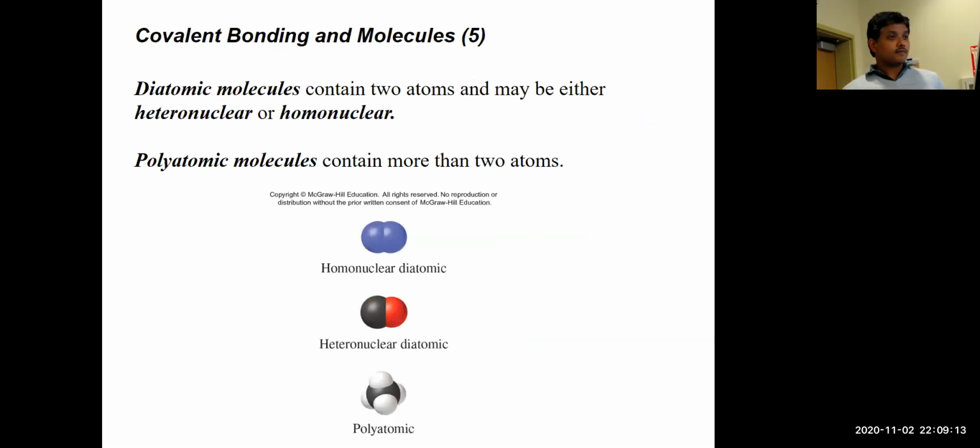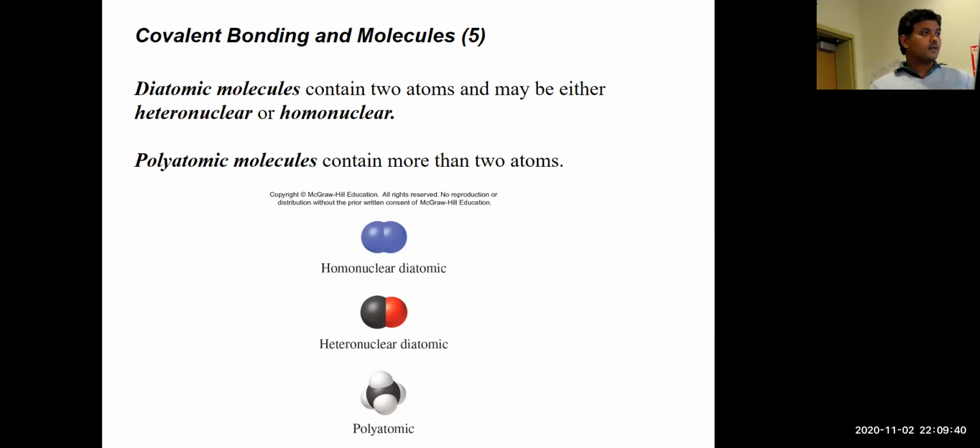Okay. All right. Now that we know how the law of multiple proportions and the law of definite proportions work, let's focus on how to familiarize ourselves with the different types of covalent molecules. Covalent molecules can be largely grouped as diatomic molecules, just like the name suggests, containing just two atoms.